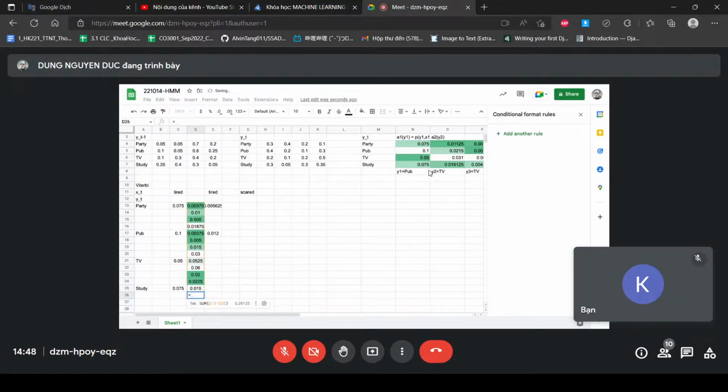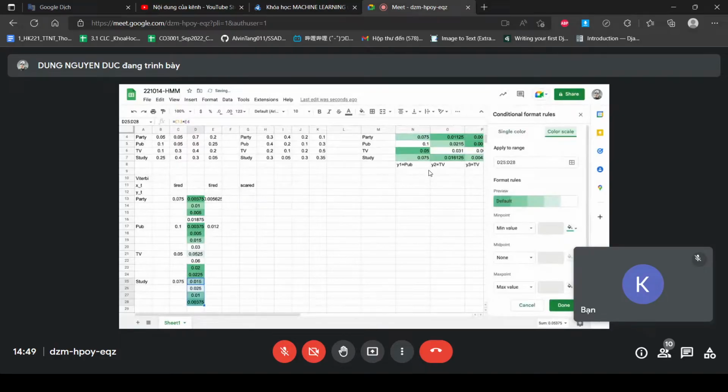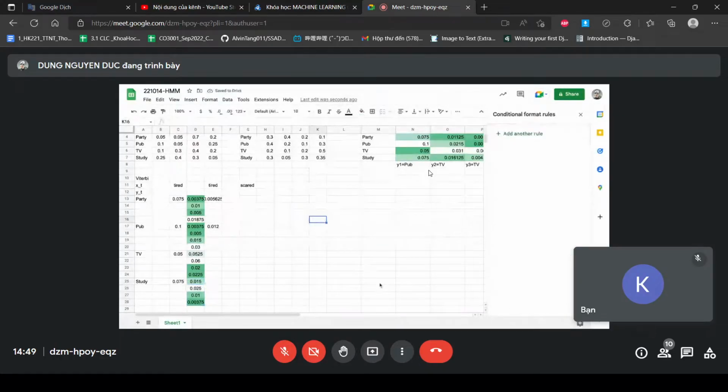So I have C17 multiplied with E5, equal to C21 multiplied with E6, equal to C25 multiplied with E7. That's way too many calculations, but that's fine. I'm not going to complain about it because I know what I'm doing.